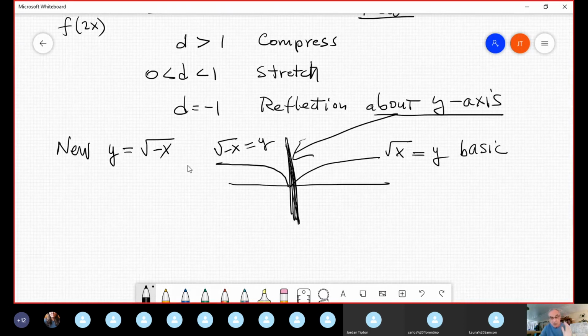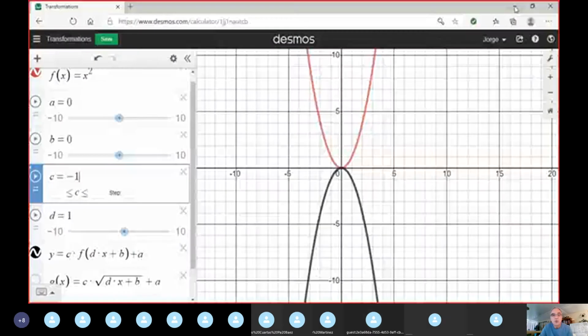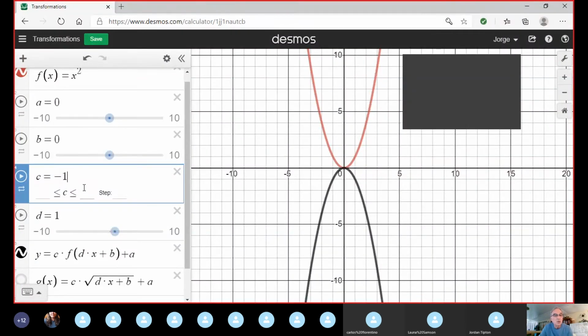Let me see in Desmos. I try to understand, but I am not sure. Let me try to see in Desmos to make sure everything is okay. Okay, Desmos. Now, look. This is not -1 anymore.